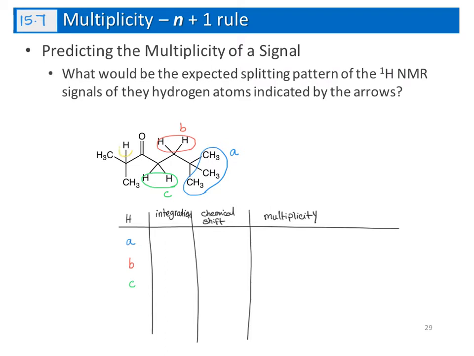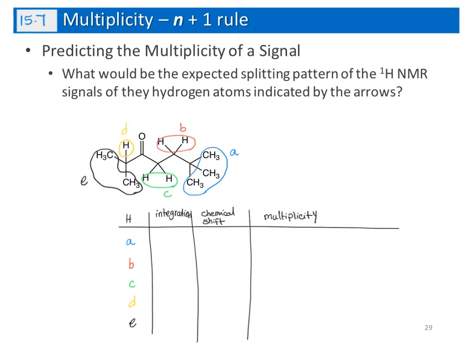So this hydrogen right here is also giving us another signal. And these methyl groups are also identical, similar to the tertiary butyl group right here. So these methyl groups are also interchangeable, so they have the same chemical environment.